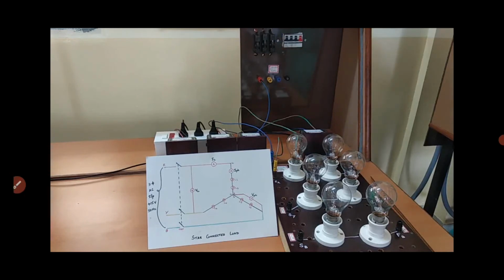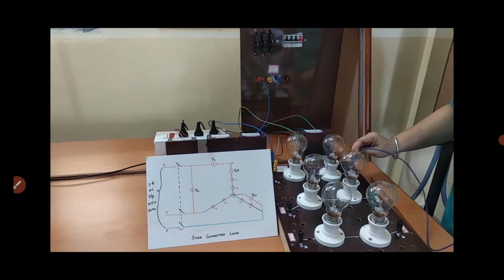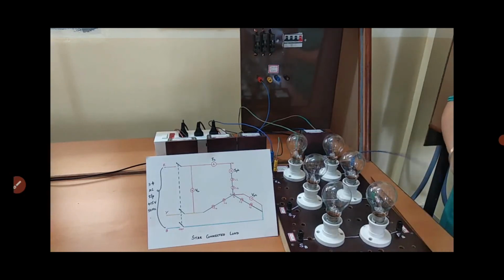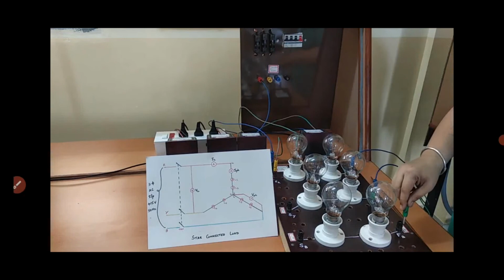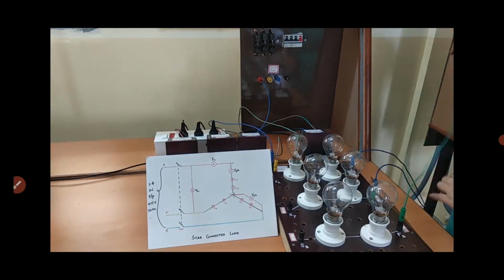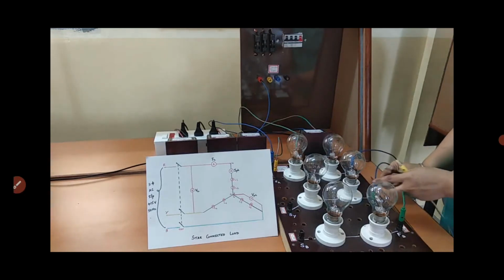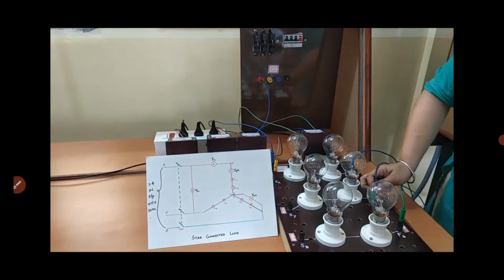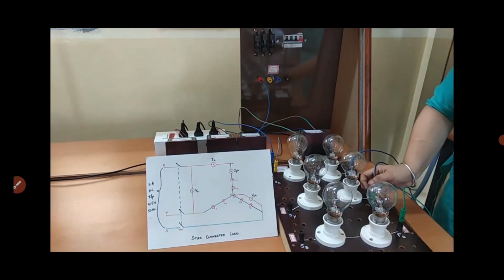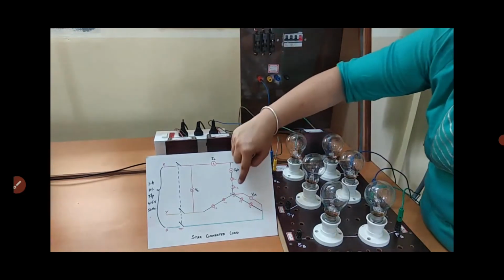So we connect FR to FY, and from FB we connect either FR or FY. So we connect to the FY. Then the neutral connection is done.